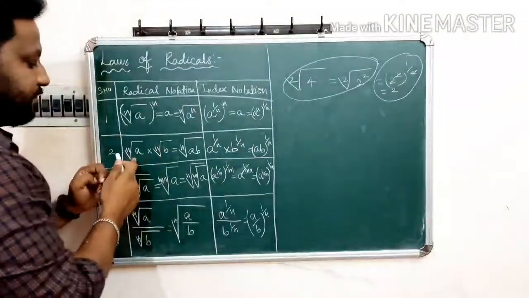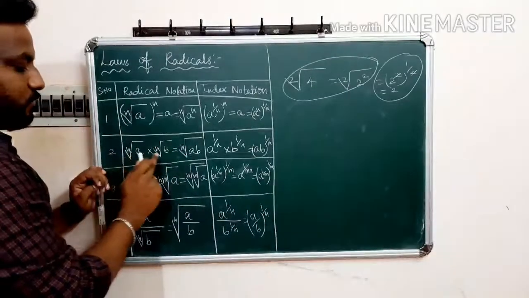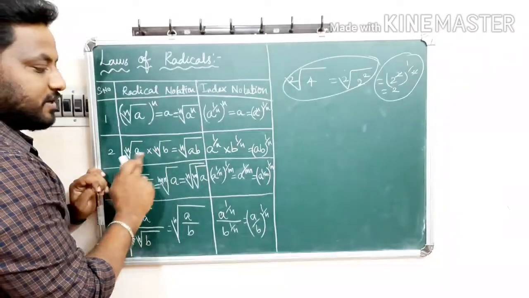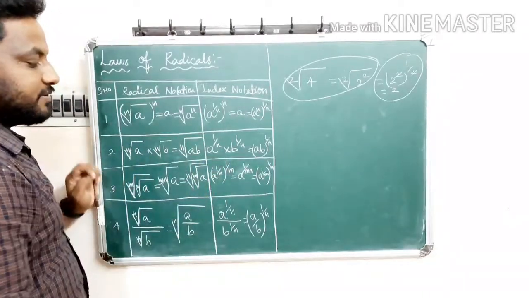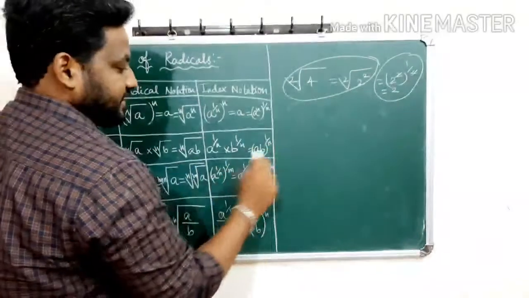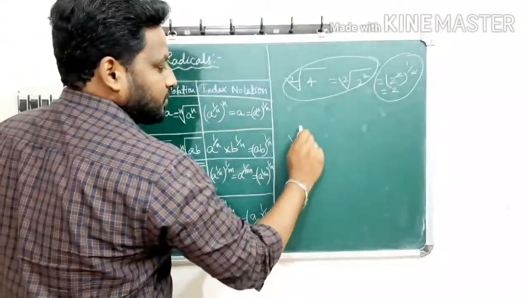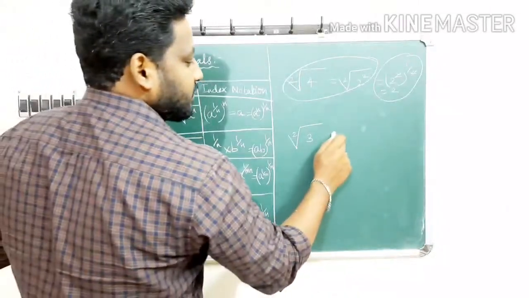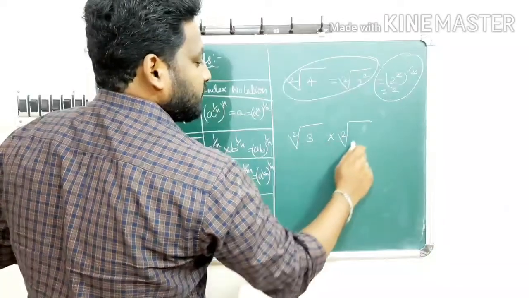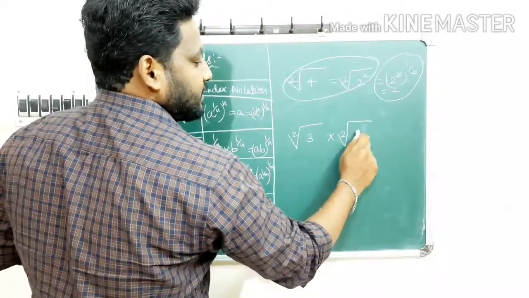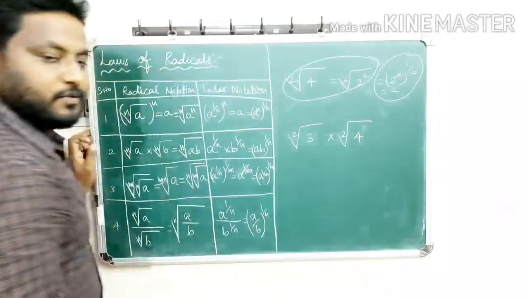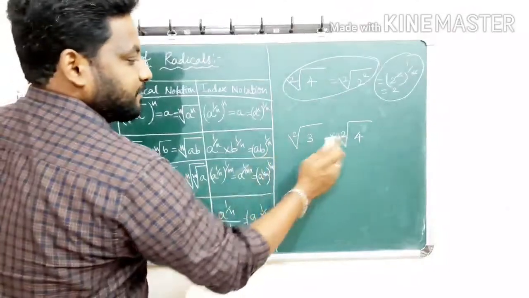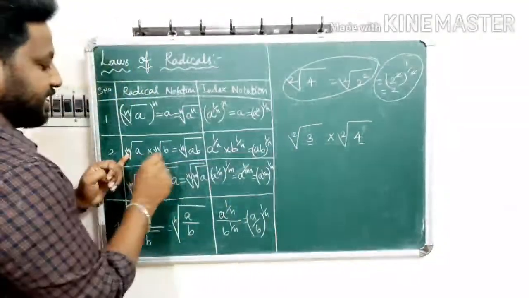Okay. And in the same way, if the roots are the same but the numbers inside the roots are different, how can we write the question? For example, the square root of 3 into the square root of 4. Here the nth root, that is the square root, is the same, but the inside numbers are different, like a, b.